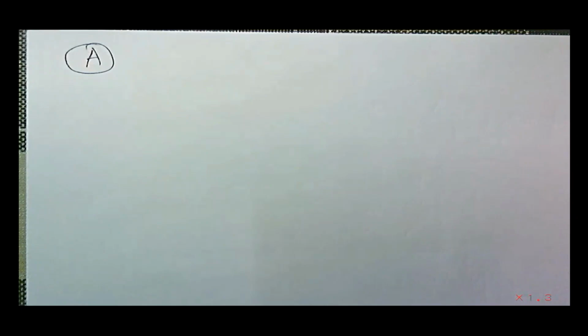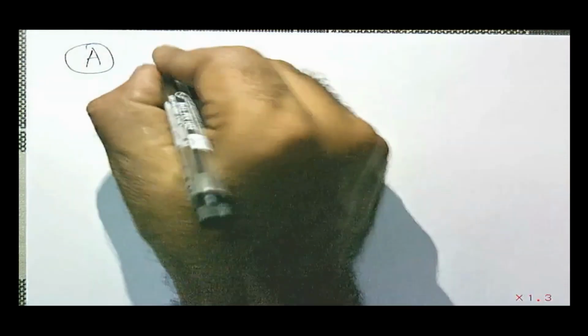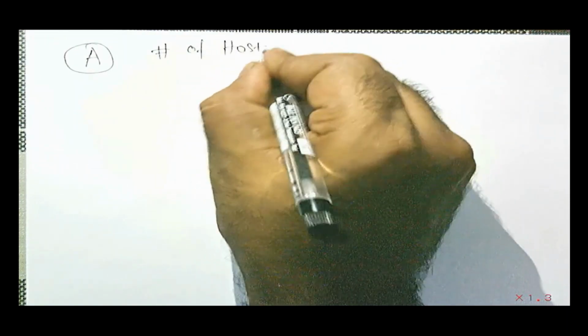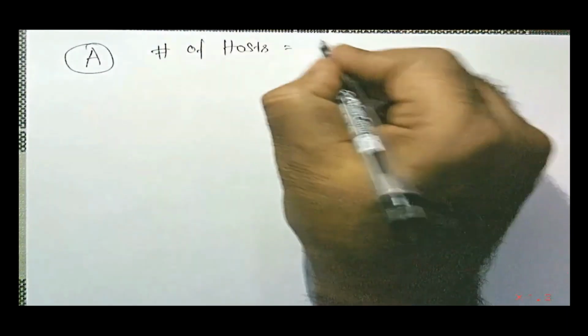First thing, we are going for subnet A, the first subnet I'm going to take. How many valid hosts? The number of hosts is equal to 14. So we have 14 hosts.